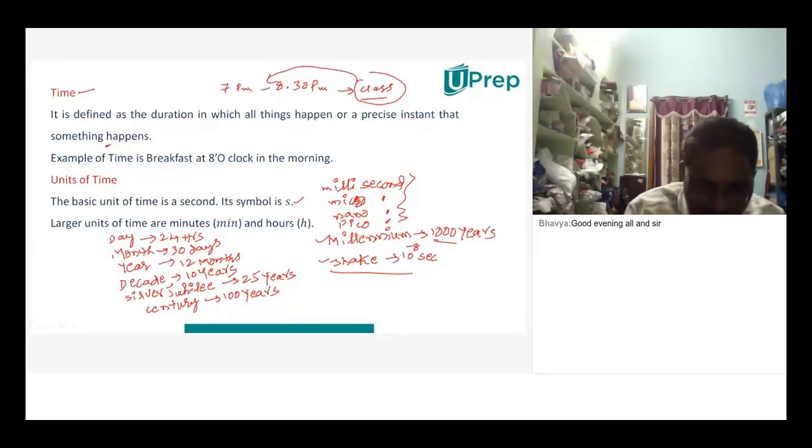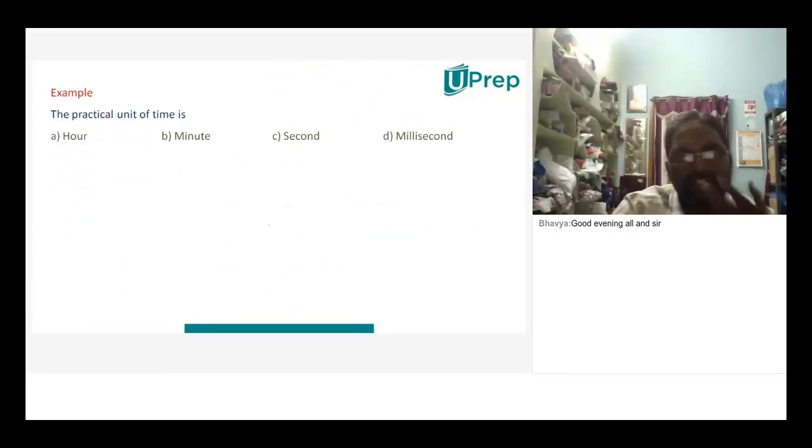Now this is about time. Let me ask one question. The practical units of time are hour, minute, second, millisecond. Practically in our daily life, what do we use? Minute. Always you say in minutes.